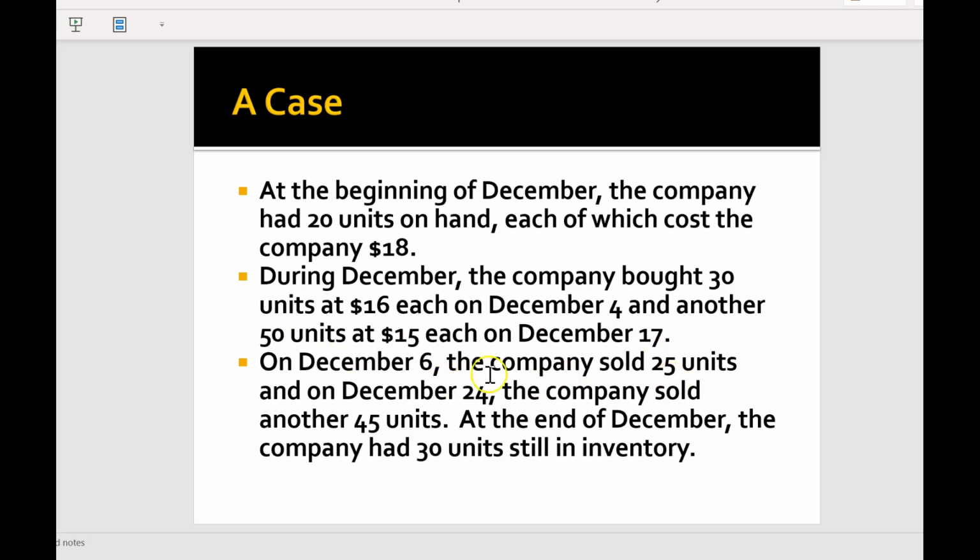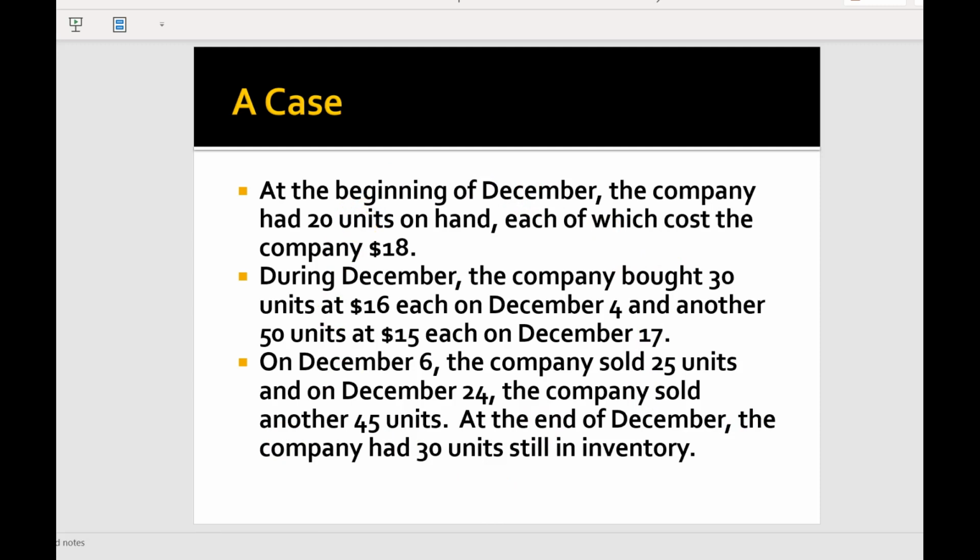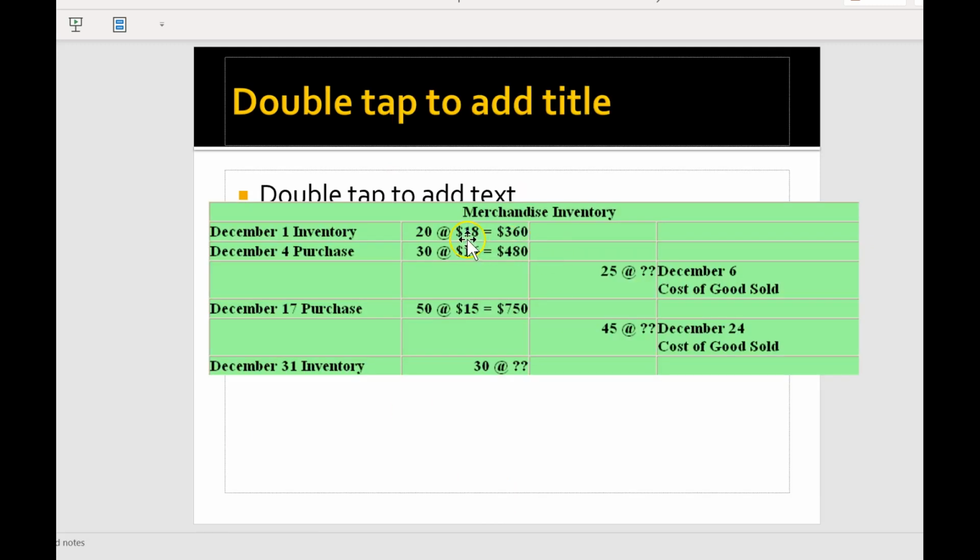The company sold inventory on December the 6th and before Christmas. At the end of December, the company still has 30 units in inventory. So if you see a question like this, the first thing you do is organize everything in a chronological way, which means you order the transactions by date.